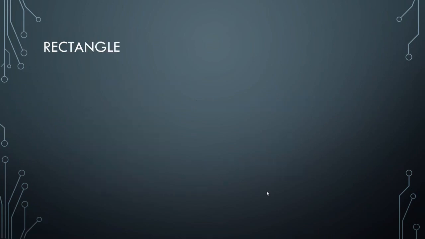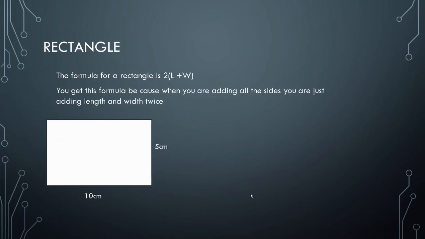Now let's take a look at the perimeter of a rectangle. The formula for a rectangle is 2 times (L plus W). You get this formula because when you're adding all the sides, you're just adding the length and the width twice.